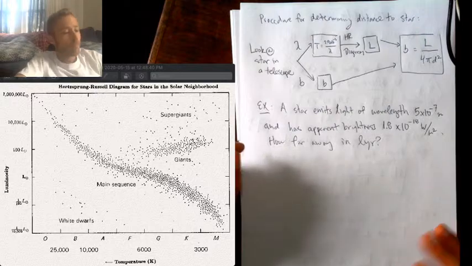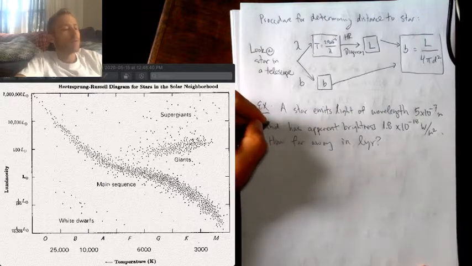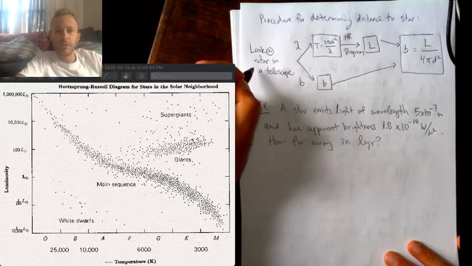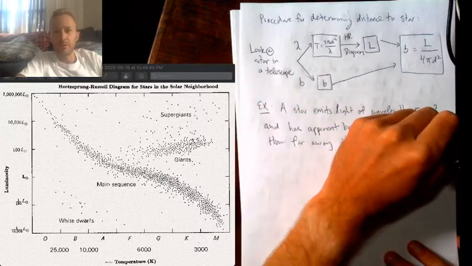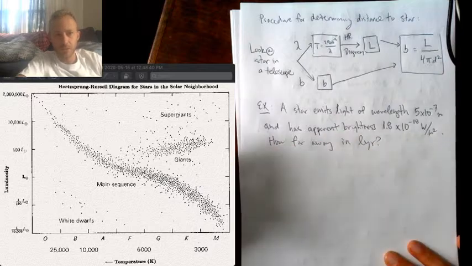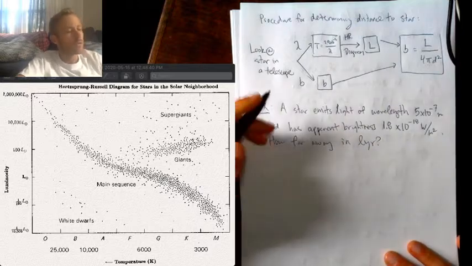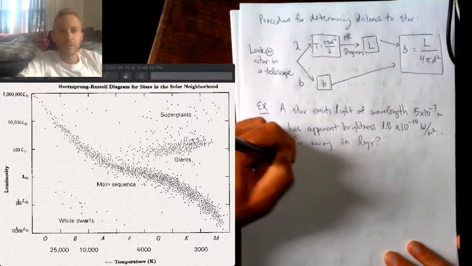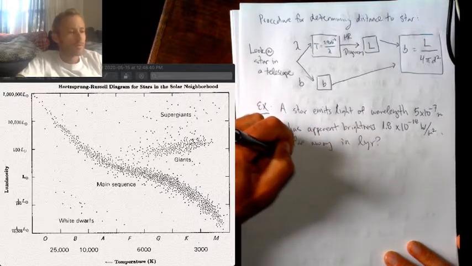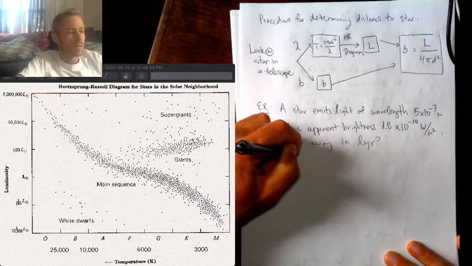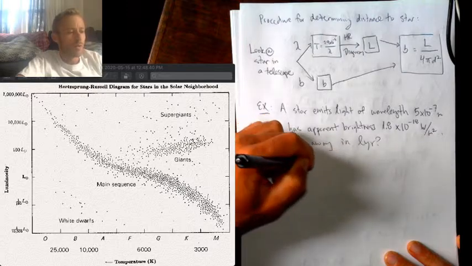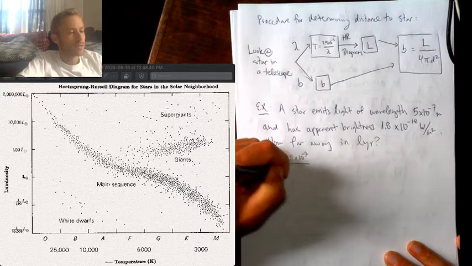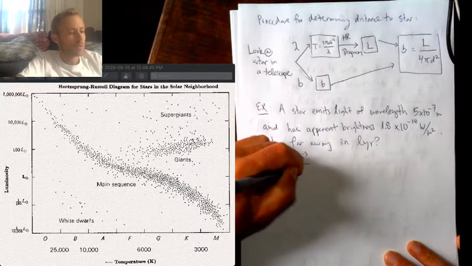Okay. So I'm just going to go through this flow chart. Both of these bits of information are obtained from a telescope. First thing I'm going to do is take the star's temperature. So temperature equals 2.9 times 10 to the minus 3 over the wavelength, which is 5 times 10 to the minus 7.